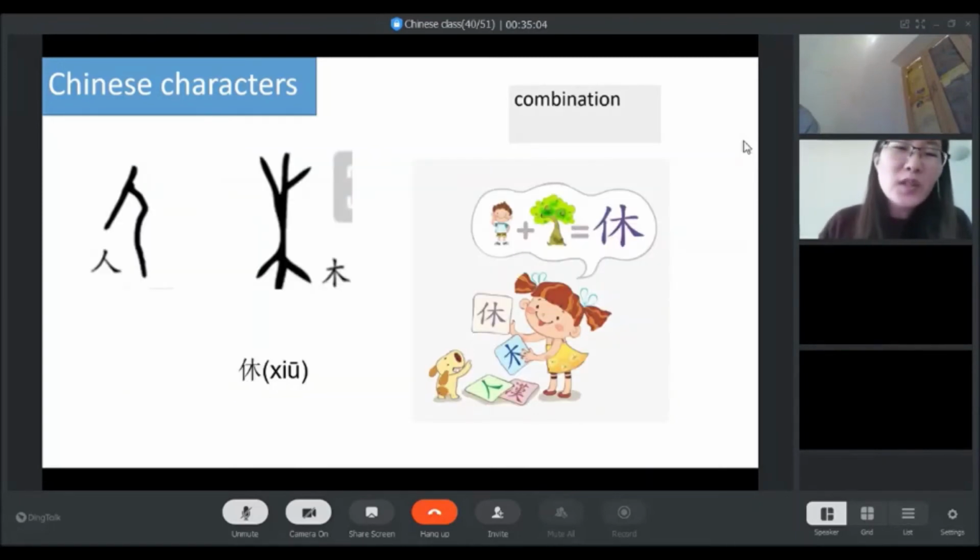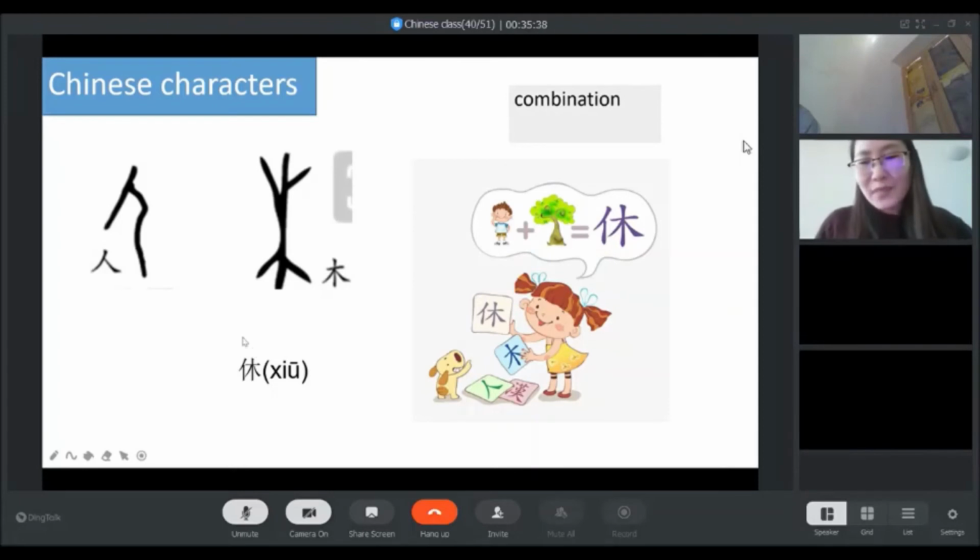And also, some words are a combination. For example, this one means 人, person. And this one, tree or wood. So if we put a person sitting down under the tree, a person and a tree, it comes to this word, 休.